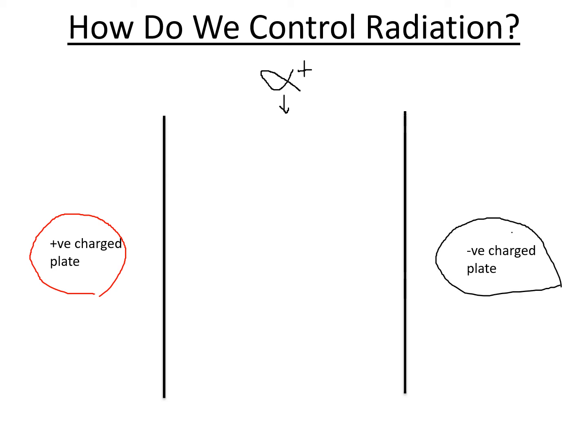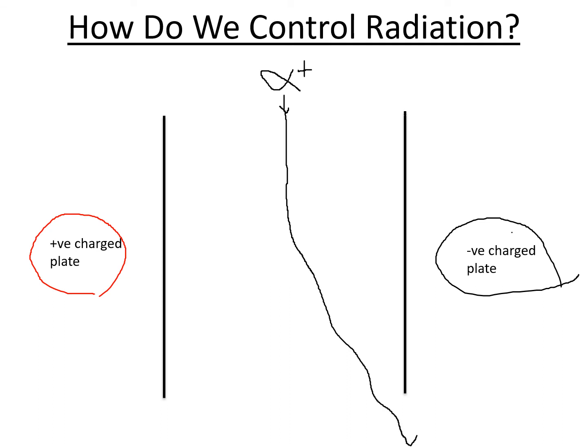So if the alpha particle is positively charged, it's going to be attracted to the negative plate, isn't it? Because remember, opposites attract when it comes to charges, and likes will repel. So not only will the alpha particle be attracted to the negative plate, it will also be pushed or repelled by the positive plate. And so the path it will take will look like this.